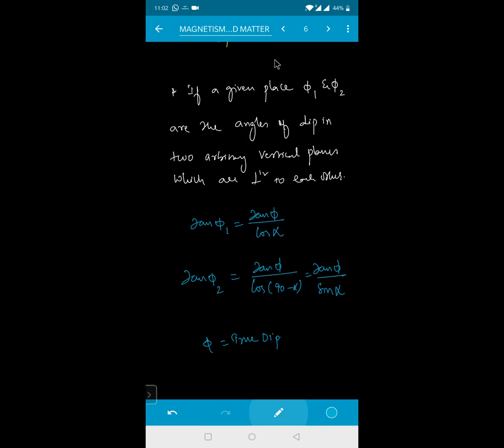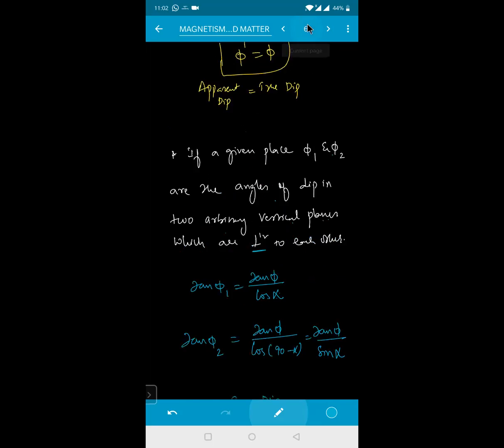So for any two different positions, I can take tan phi 1 equal to tan phi divided by cos alpha, provided phi 1 and phi 2 are the angles of dip in arbitrary vertical planes which are perpendicular to one another. If one angle is alpha, the other value will be 90 minus alpha, like that.